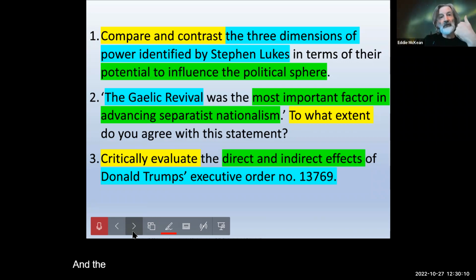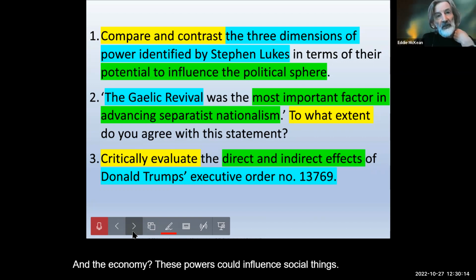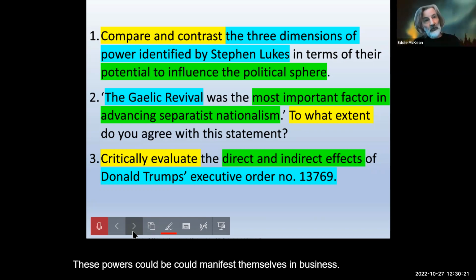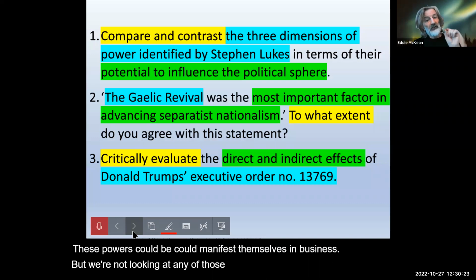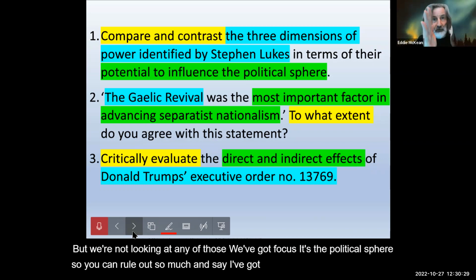These powers could influence social things. These powers could manifest themselves in business, but we're not looking at any of those. We've got a focus, it's the political sphere. So you can rule out so much and say, I've got something I've got to concentrate on.